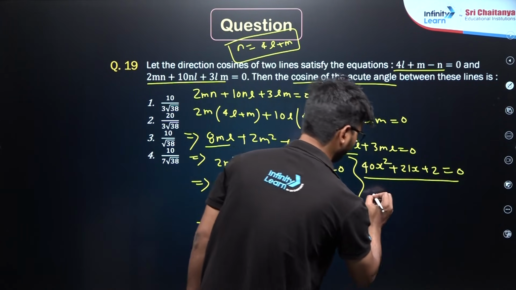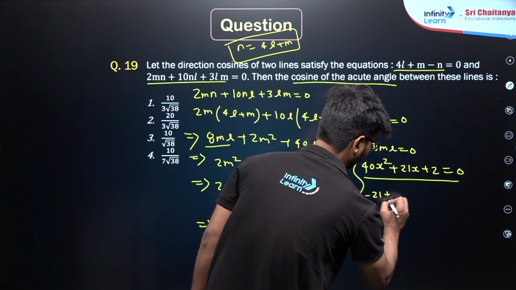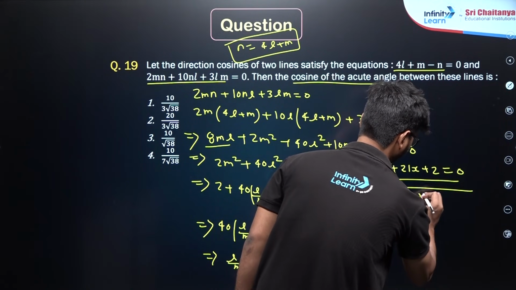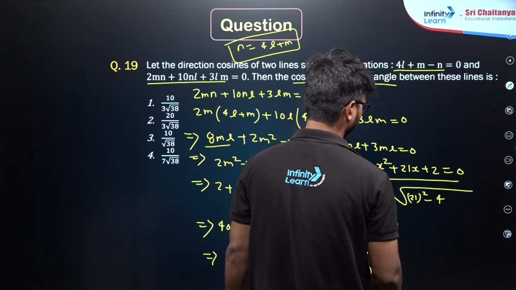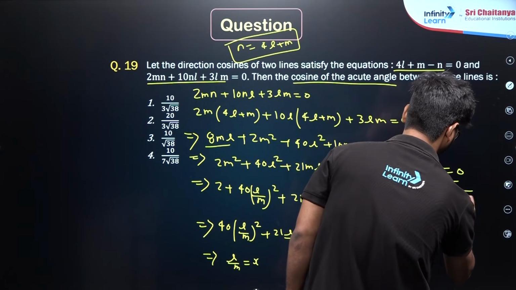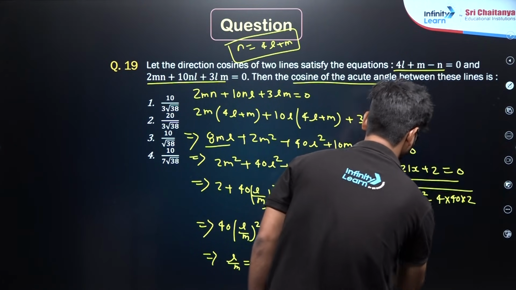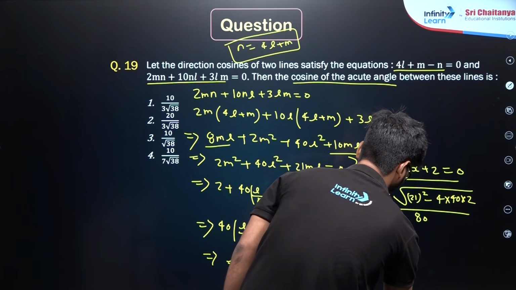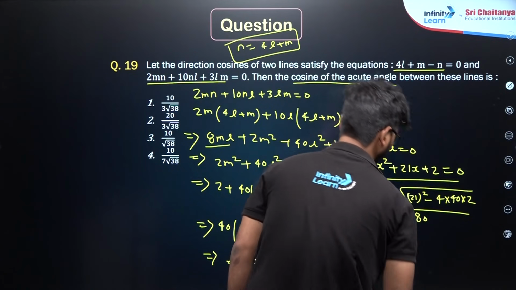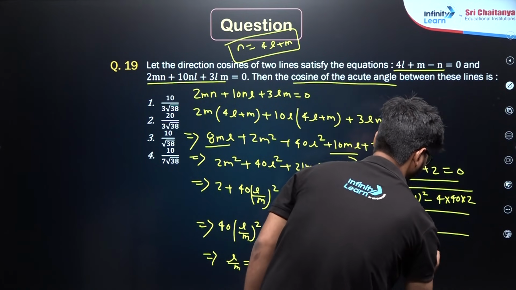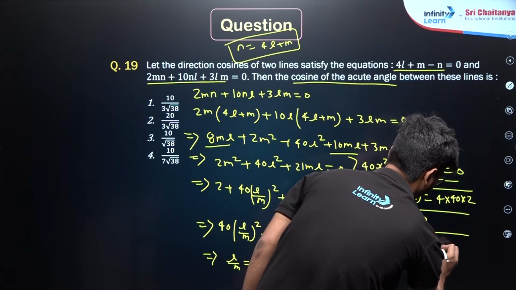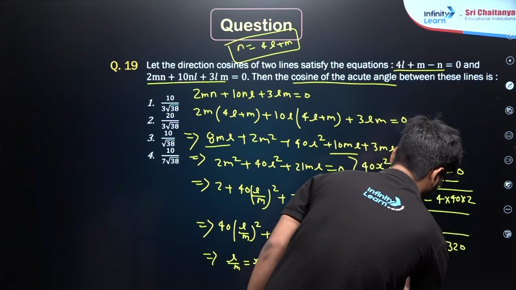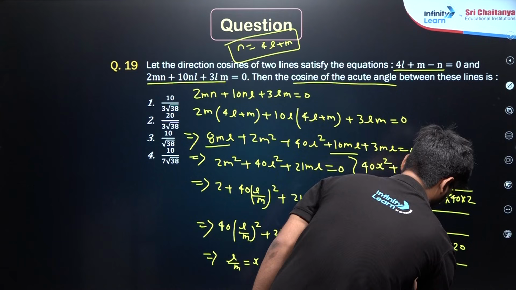So it is going to be minus b, that is minus of 21 plus minus under root b square, that is 21 square minus of 4 multiplied by a, that is 40 into c is 2, upon 80. Correct? So it will be minus of 21 plus minus 21 square is 441 minus 4 2s are 8, 320, upon 80.